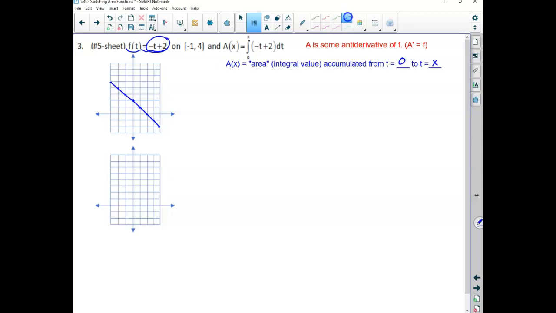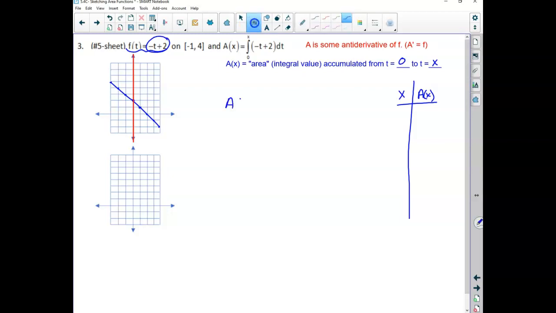I'm going to make a table of values over here to find my A of x function. And remember, we are going to start at our area accumulator line, which is going to be 0. That's my starting point, and my starting point is always going to give me my particular solution.